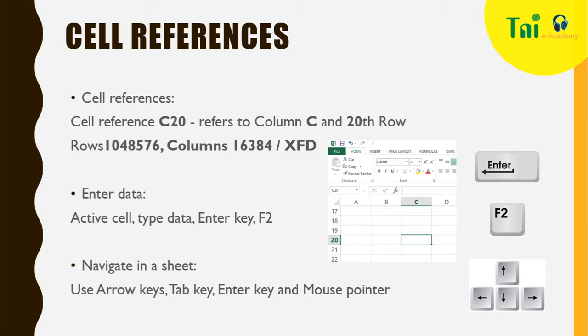Once you complete, you can either use arrow keys or press enter to confirm the completion of entering data in a cell. If you want to edit, you can just double click or you can use F2 key. If you start typing without doing that, it will remove the earlier text and replace it with the new one. You can also use arrow keys, tab keys, enter key and mouse pointer to navigate within a sheet, to move from one cell to another cell or one location to another.